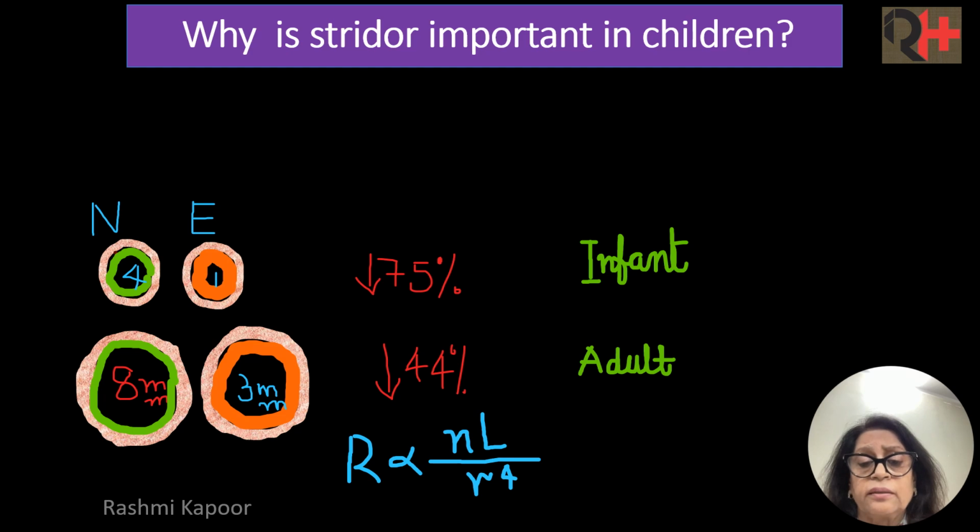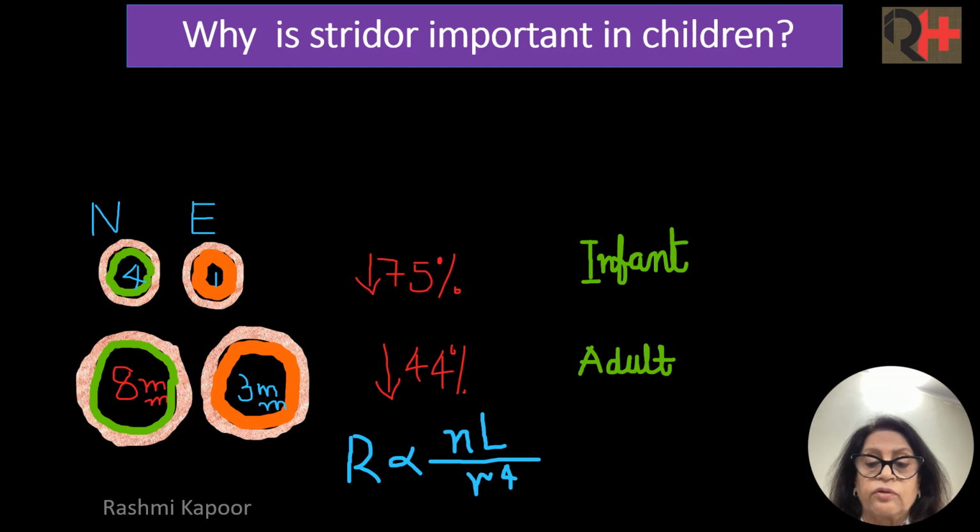So there is a reduction of 75% of the lumen if there is swelling in the lumen of an infant. Whereas in adults, the diameter is much more, that is 8 mm. But if there is swelling, it reduces to around 3 mm. So there is an obstruction of less than around 44% in an adult. So there is still quite a bit of room for the air to pass.